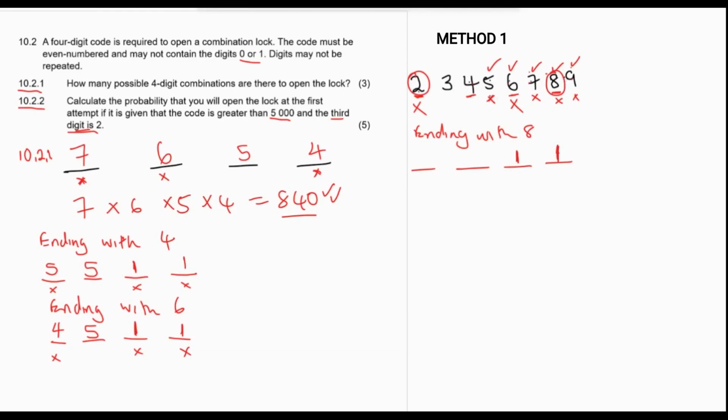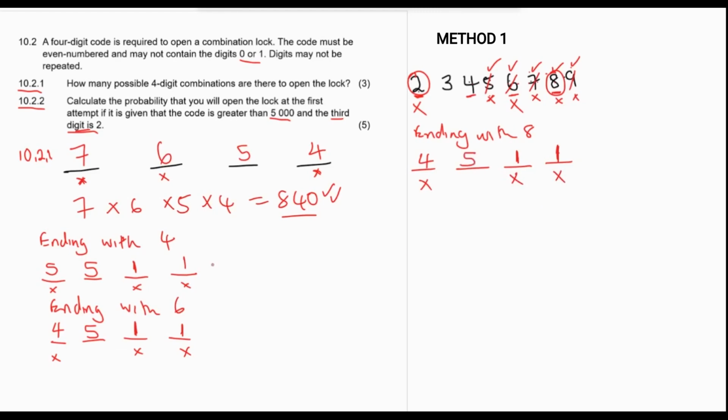But our number can only start with a 5, 6, 7, 9. 8 is already taken, so we cannot count it. So we're left with 1, 2, 3, 4. 4 choices. So now we have 3 numbers taken, for the first slot, third slot, and last slot. So out of 8, we're left with 5. So for the second slot, we have 5 choices.